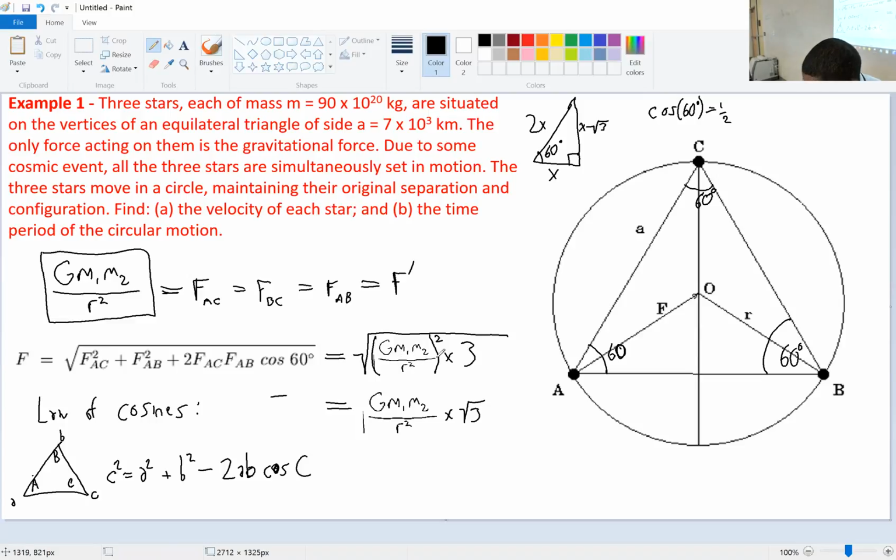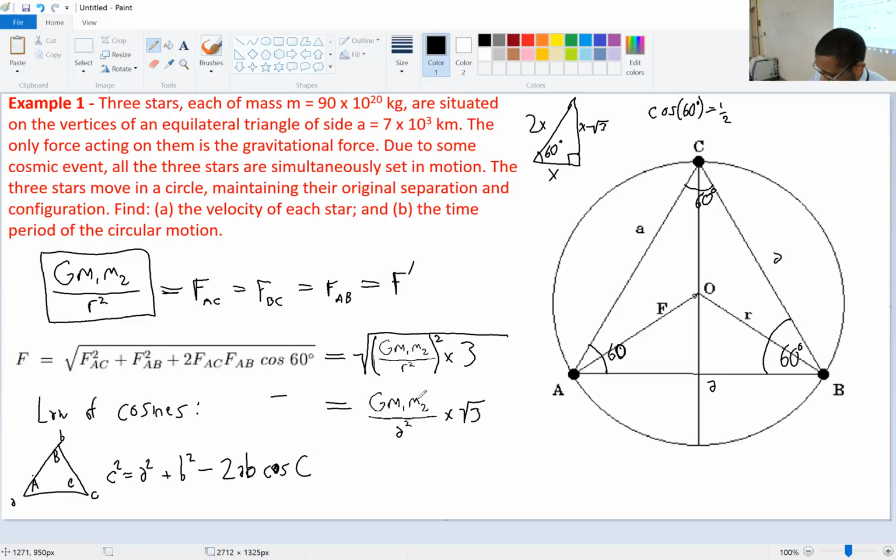Yeah, so this is the distance between the 2 stars, which is A all the way around. And so I can go ahead and just plug that in there instead. And that's how he gets.